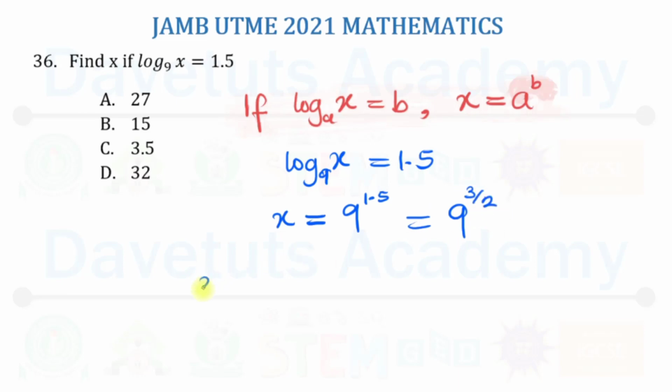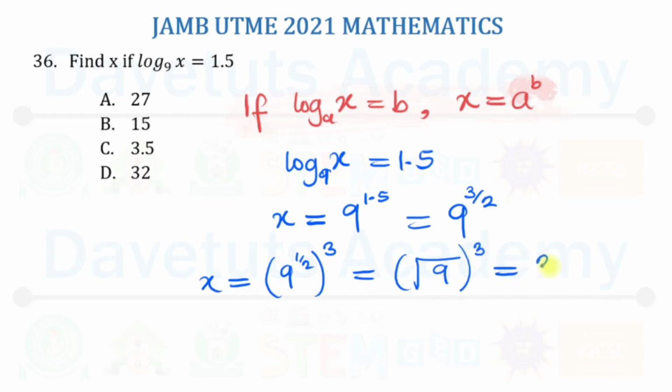So our x is 9 raised to power 1 over 2, then raised to power 3. 9 raised to power 1 over 2 is the square root of 9, which is 3, raised to power 3. 3 raised to power 3 is nothing but 27. So our answer here is option A, that the value of x is 27.